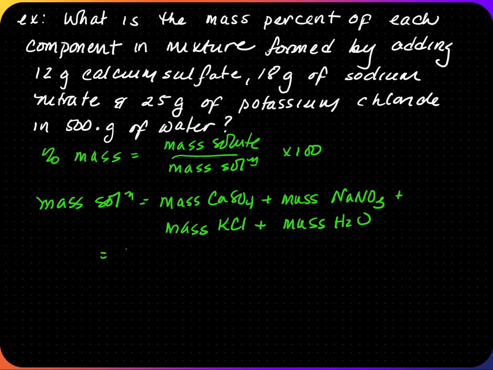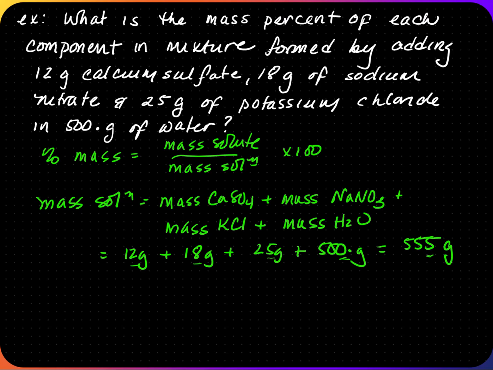So this is going to equal 12 grams plus 18 grams plus 25 grams plus 500 grams. This equals 555 grams with correct sig figs. The least precise position is the ones place, so it's going to be rounded to the ones place.